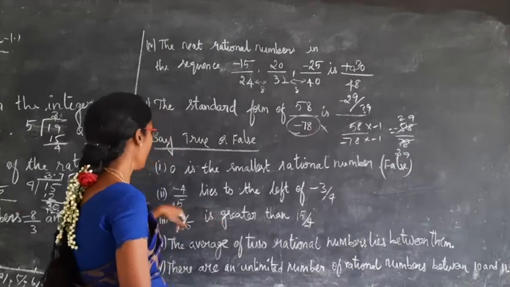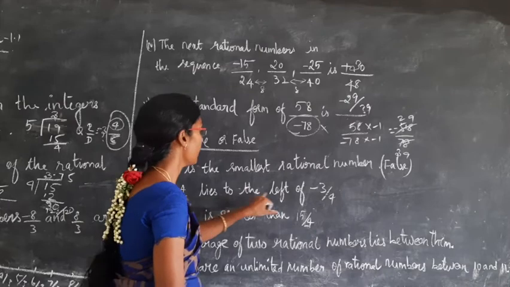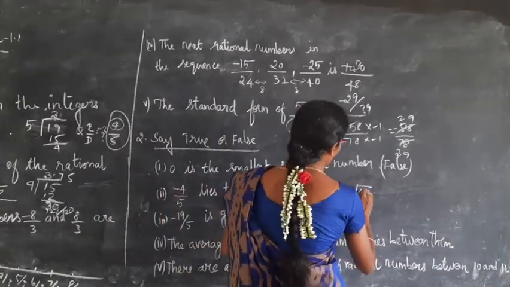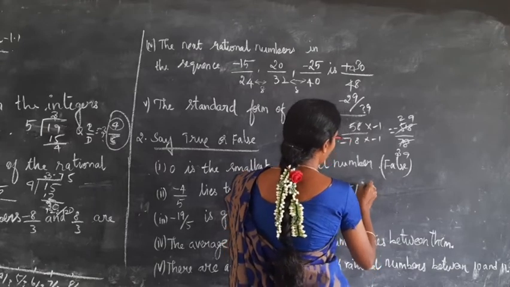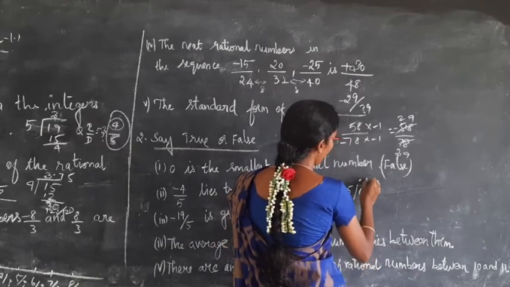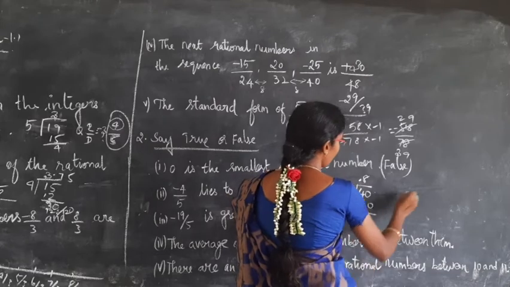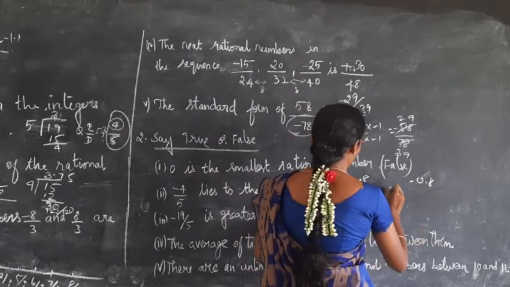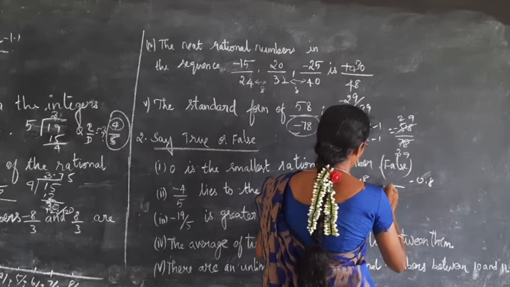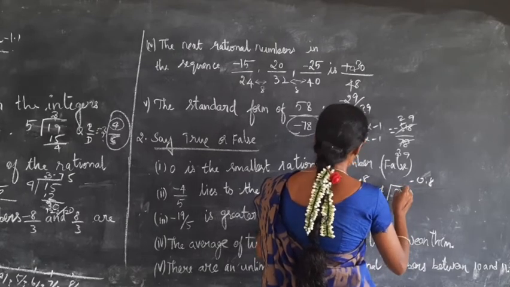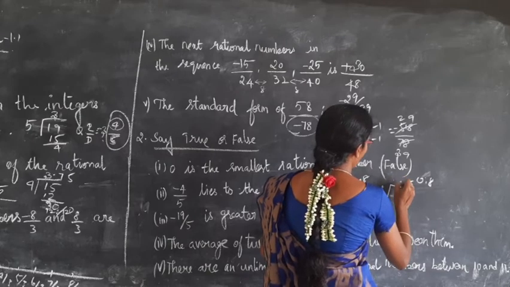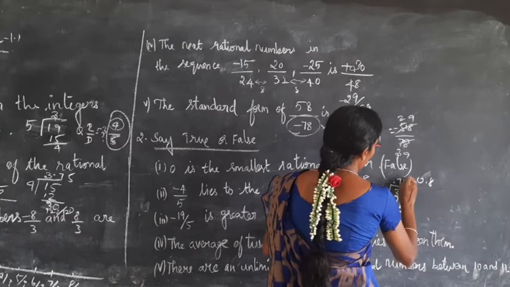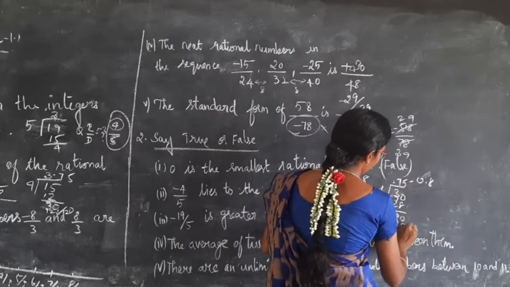So the next question, minus 4 by 5 lies to the left of minus 3 by 4. So see here, 5, 4, you can divide. So 0.8, 5 8s are 40. So minus 0.8. The next one, 4, 3, so 0.7, 7 4s are 28, balance 2, 5 4s are 20.